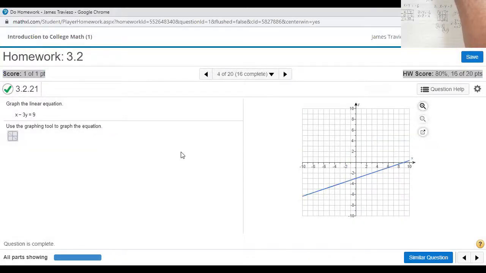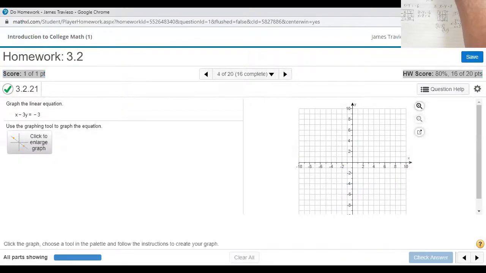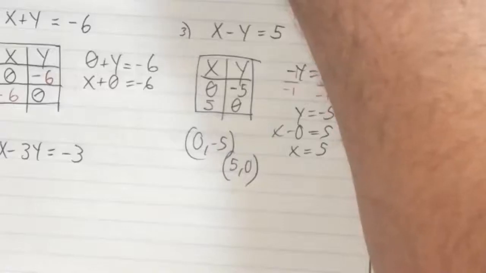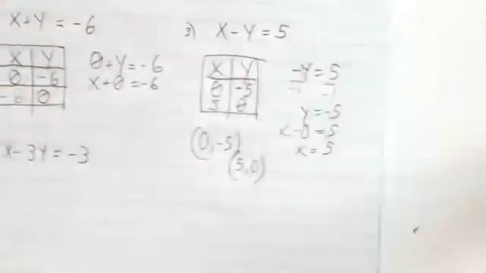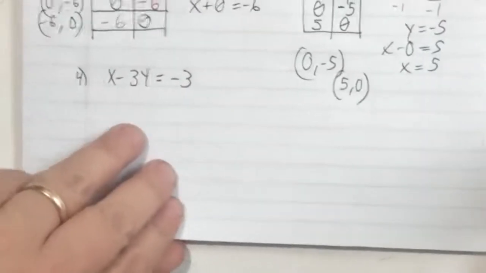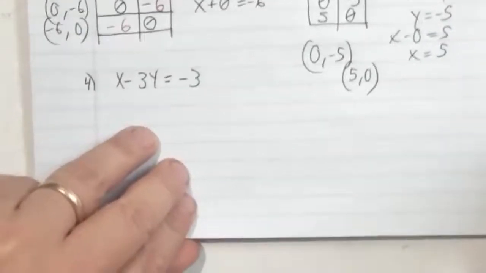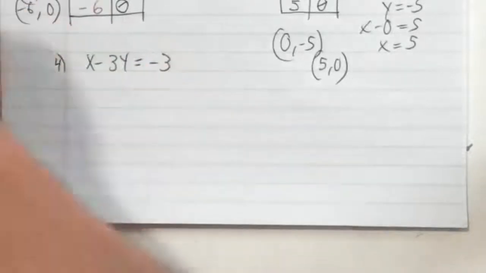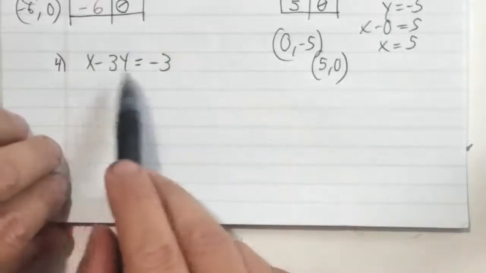Here we go. Let's do a similar question. All right, so we have x minus 3y equals -3. So really, again, it's in standard form.